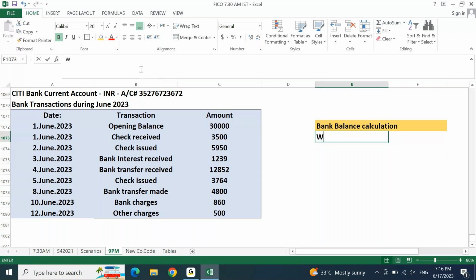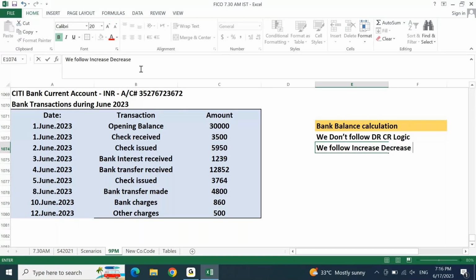Here I put, we don't follow debit credit logic and we follow increase decrease logic. Clear?